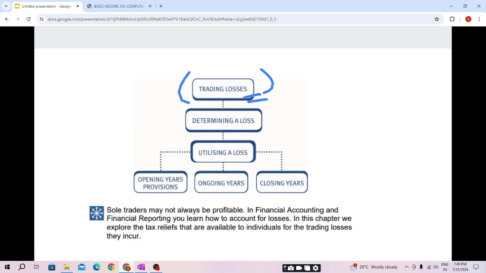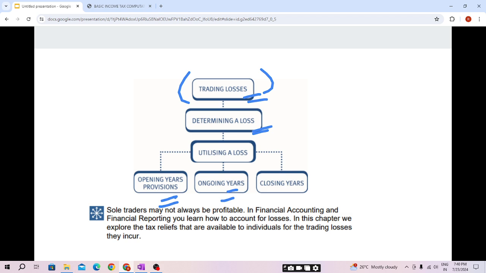we have a trading loss. We will need to determine what is the amount of trading loss. And students, we can have 3 types of losses. Either I am starting a new business, setting up my new business and have a loss, that is opening year provisions. If I have set up my business a long time ago and have been carrying on my business for the past 10 years, and after 10 years I incur a loss, that is an ongoing year loss.